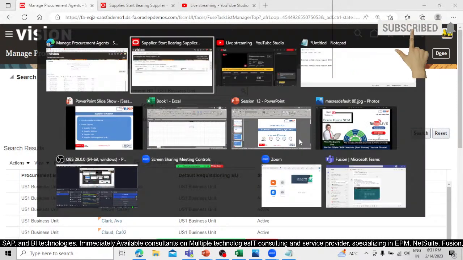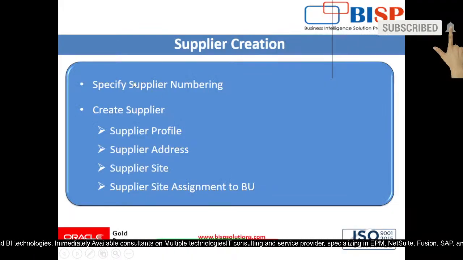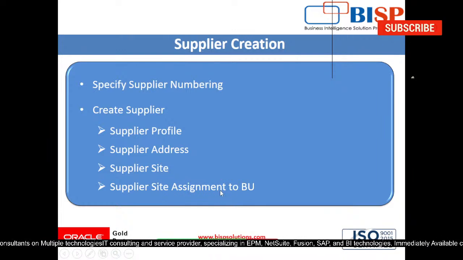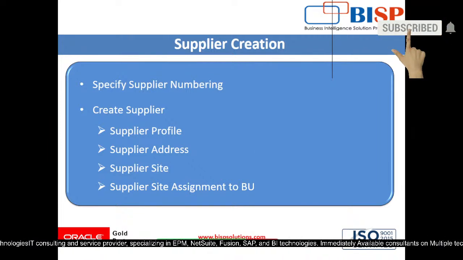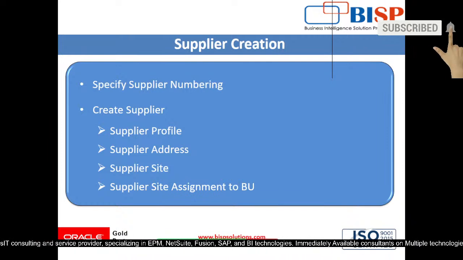Let's move on. So in creating a supplier, you'll see the profile, how to create the profile and address. In our next session, we'll see the site and site assignment to the business unit, right? And the rest of the setups for the procurement, right?